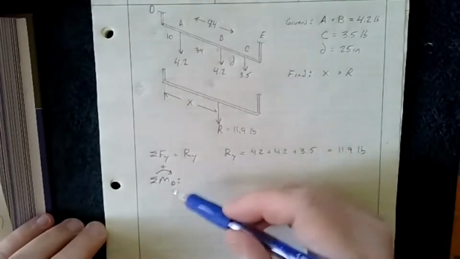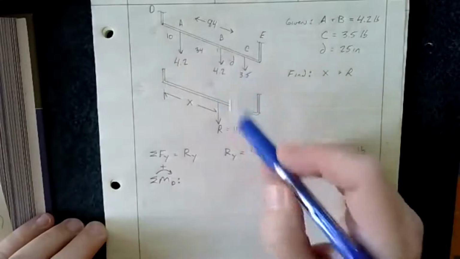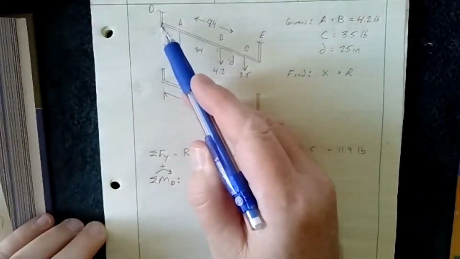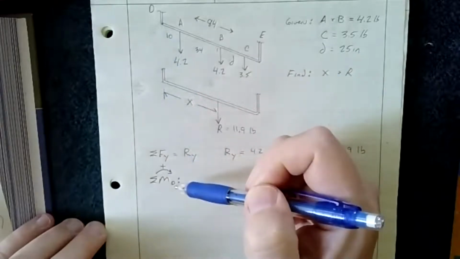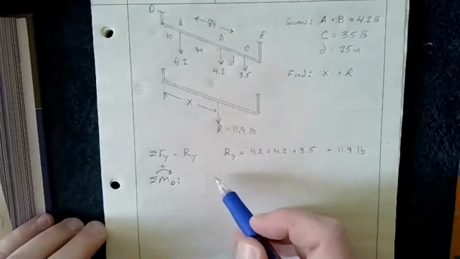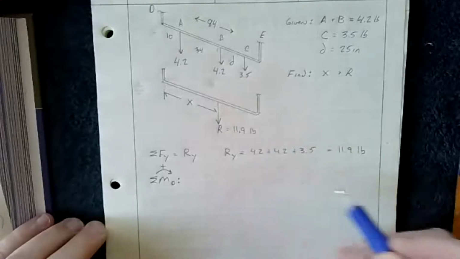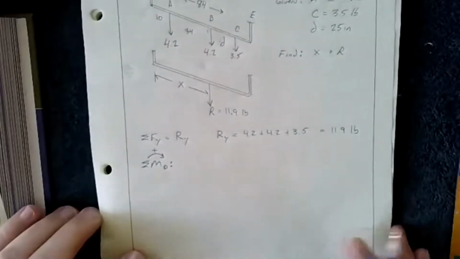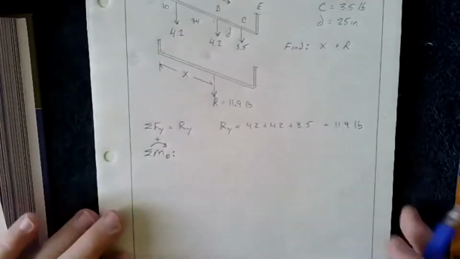The convention really doesn't matter here because all the forces are causing a clockwise rotation with respect to this point here. So we redefined it as positive. We get the same answer if we did it the other way. The only difference is we'd have negative, negative, negative equals negative, and they'd cancel. So it's just more of a bookkeeping thing as opposed to any kind of fundamental change.